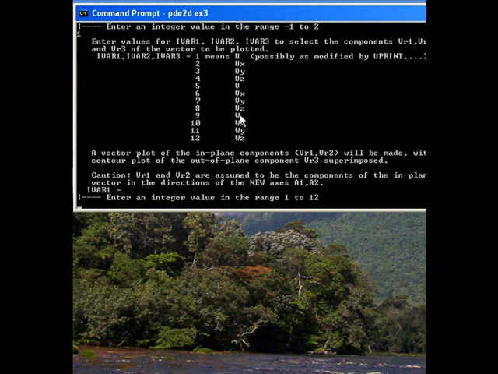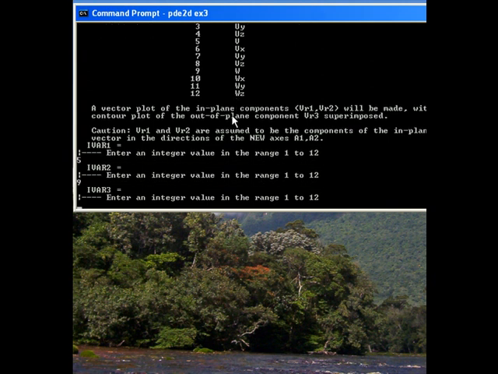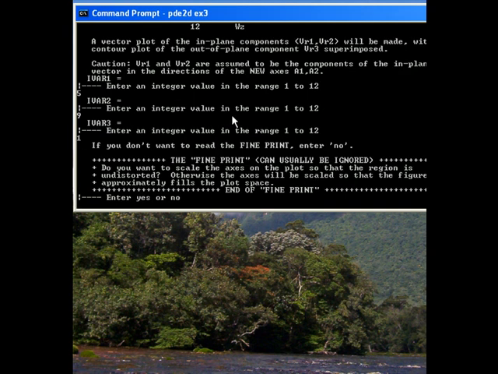See, these are x equals constant cross sections, so the displacements in the y and z directions are what I'm really interested in. So I put 5 and 9, that will plot v and w, and then v3 is the out-of-plane one, and that'll be 1, u. So I'm plotting u as a contour plot and v and w with little arrows.